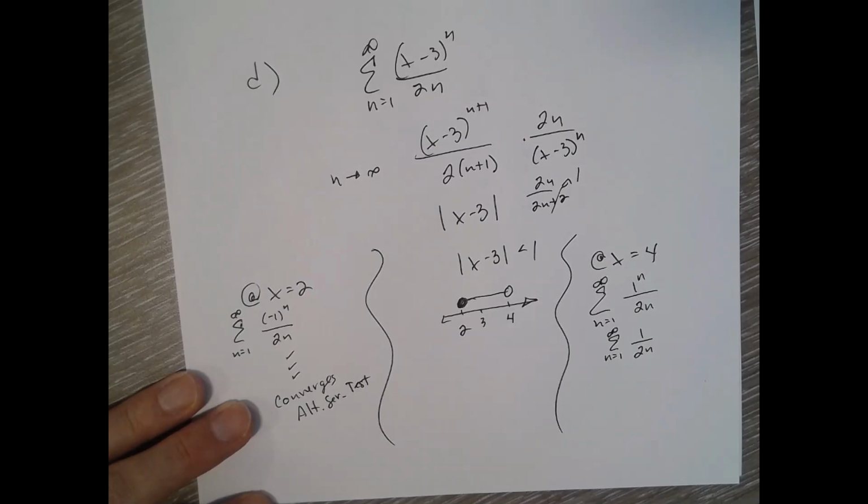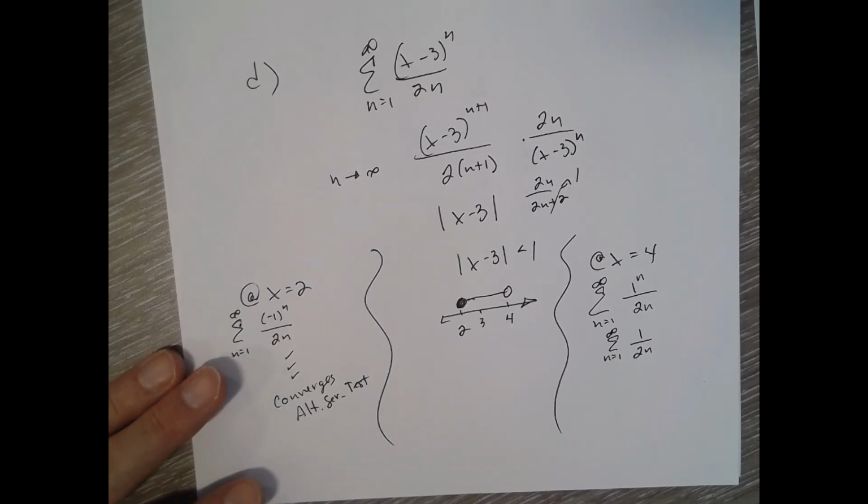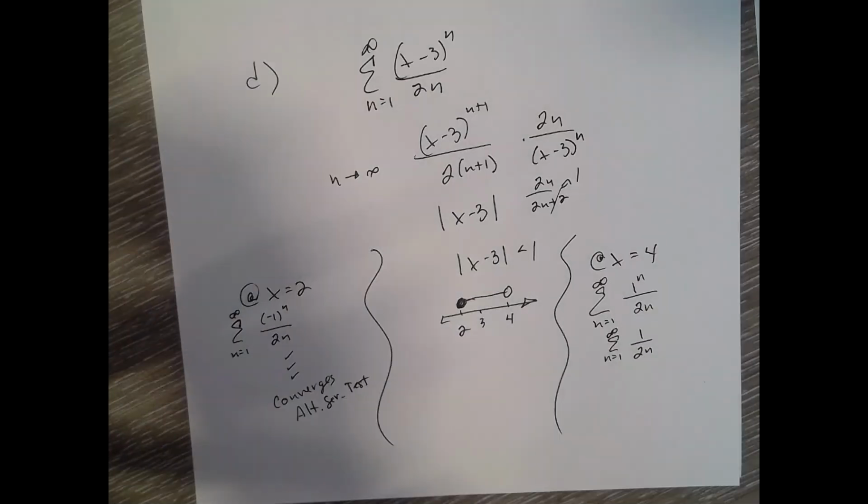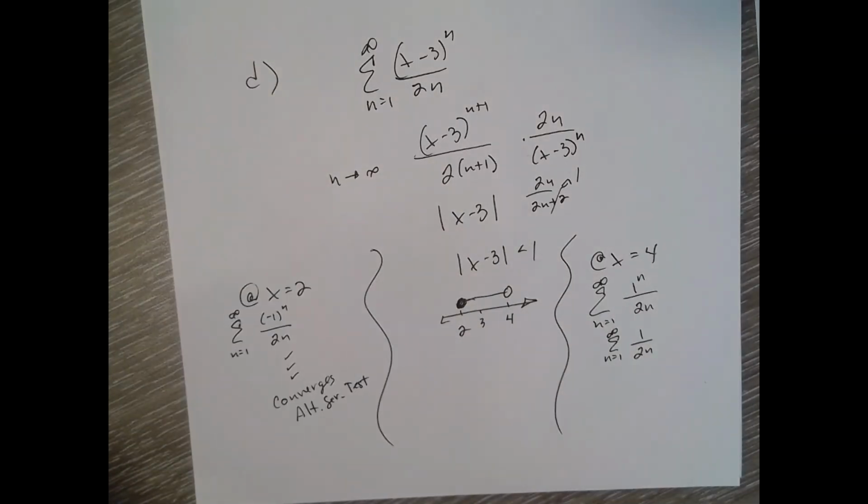Now how do I know that? It's just harmonic. It behaves the same as harmonic. Very good. So we're doing a comparison test. Compare it to 1 over n. 1 over n diverges because p equals 1. Or you could say 1 over n diverges because it's harmonic.